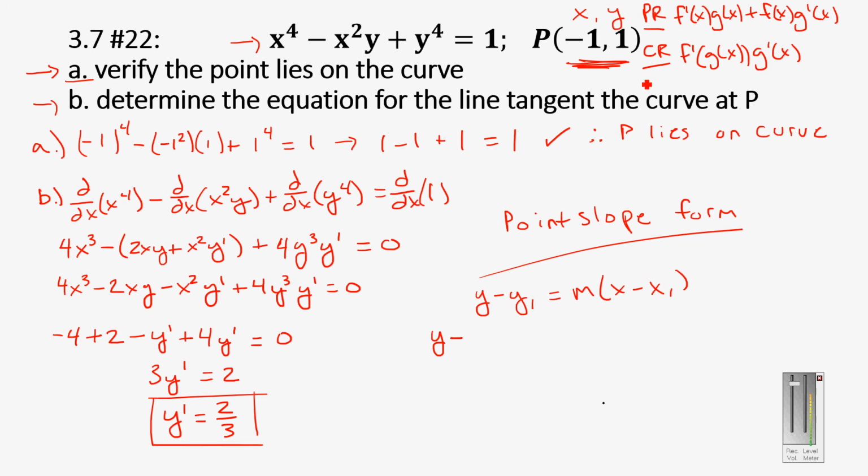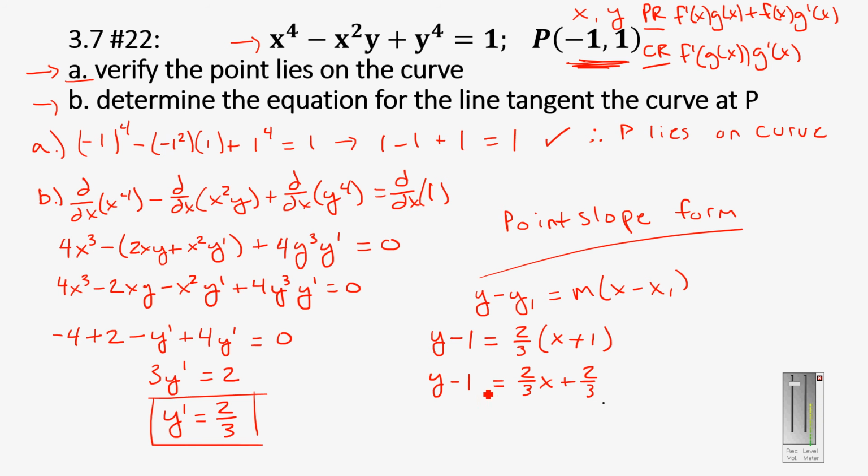So y minus y1, well, y1 is 1, equals m, which we said was 2/3, times x minus x1, which is minus 1, so this becomes a plus 1. All right, so y minus 1 equals 2/3 x plus 2/3. We're getting close.